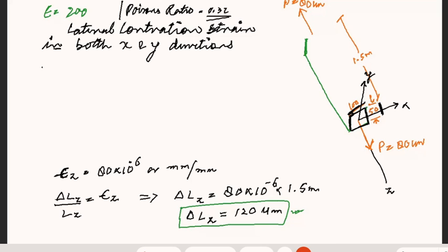That will be simply equal to the strain in x direction. The strain will not change in either of the directions.